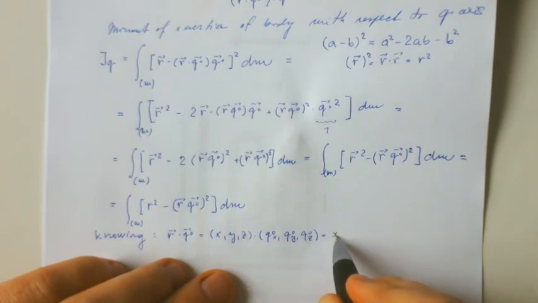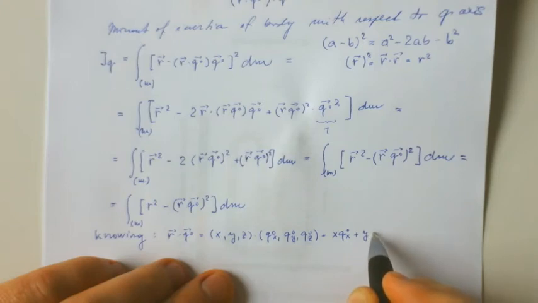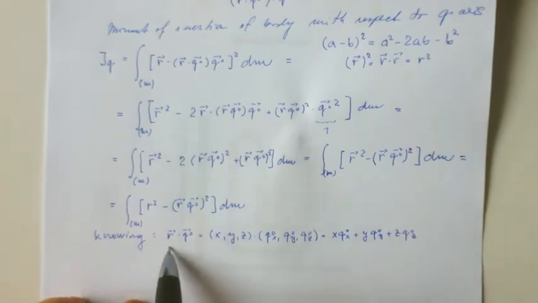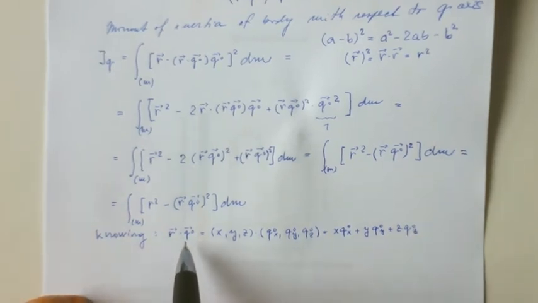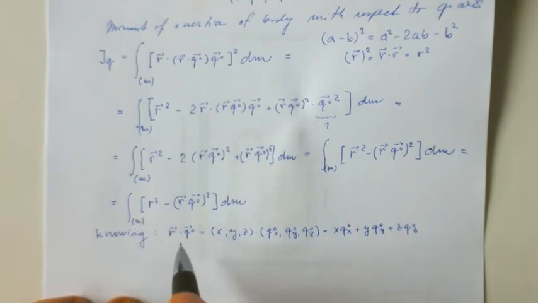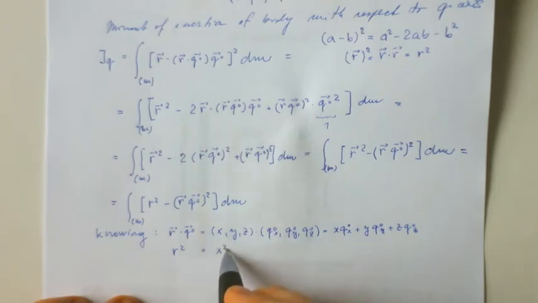So it is x by q0x plus y q0y plus z q0z. So it's a product of this and r square. Yeah, what is r square? So it is x powered by 2 plus y powered by 2 plus z powered by 2.